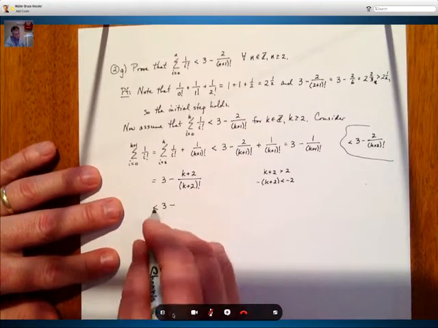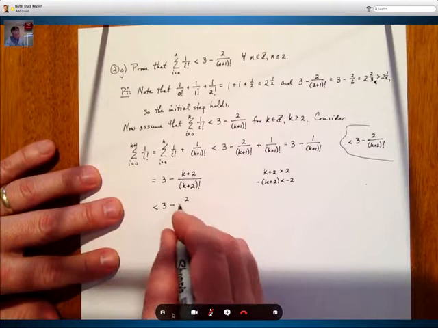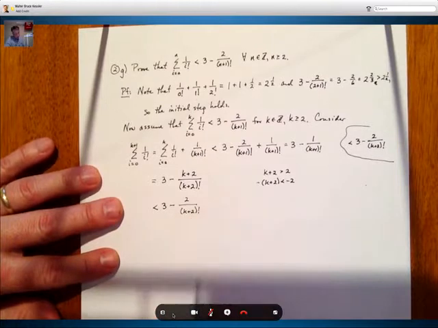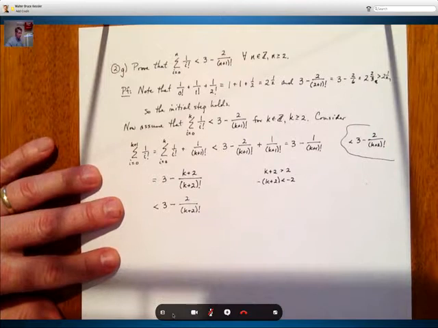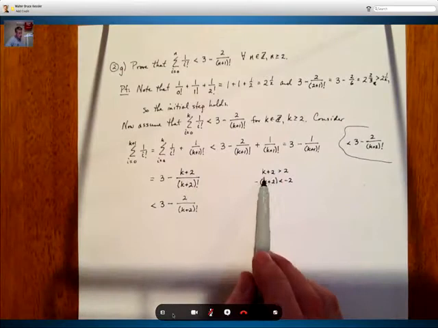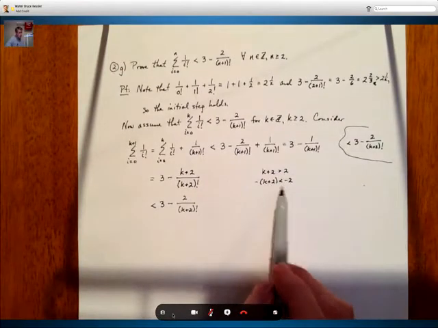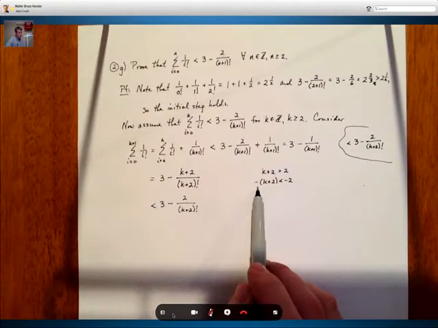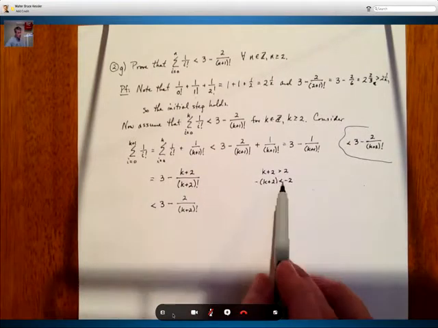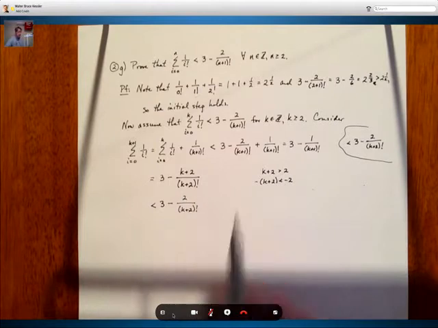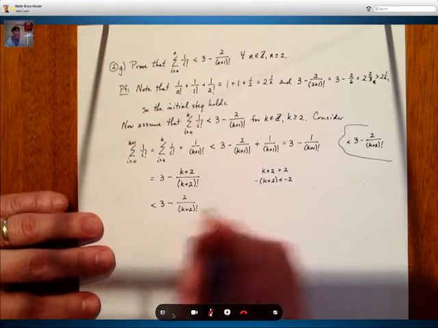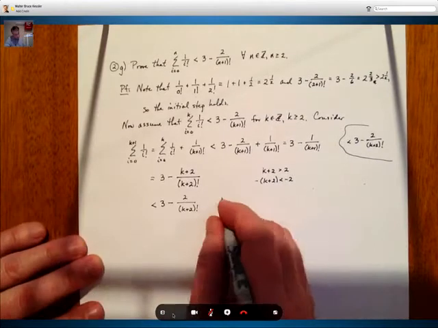So that makes it actually legal for me to say, oh, okay, well, that's strictly less than if I just put a 2 up there over my k plus 2 factorial. Okay, does that make sense? With k being 2 and bigger, it's definitely bigger than 2, and so subtracting it would be less than a negative 2, and they have the same denominator, so that's the only difference.